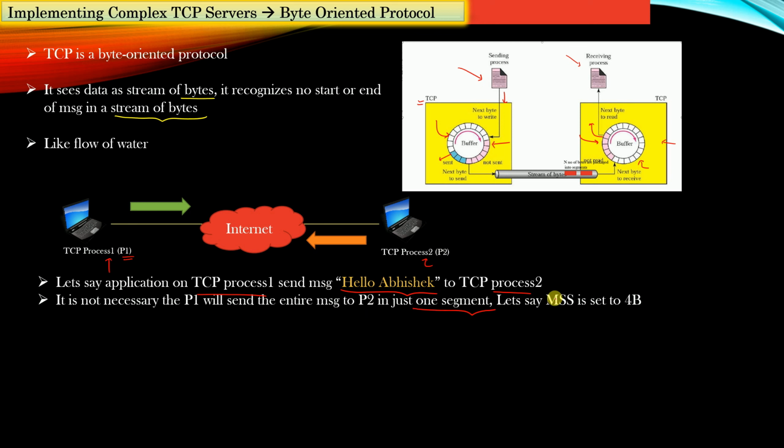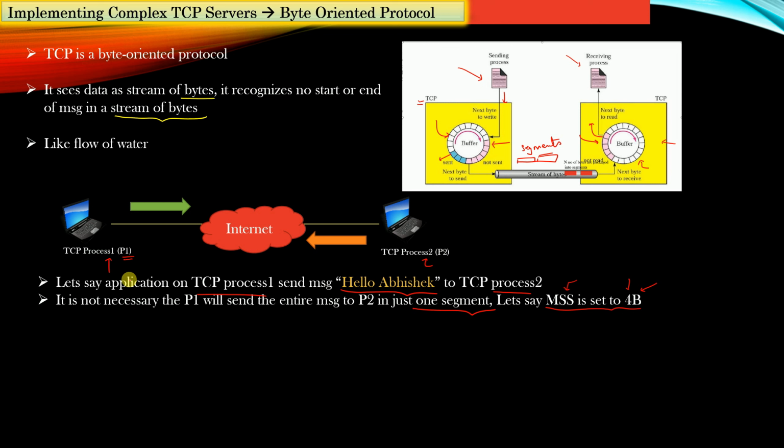Let us say that the maximum segment size of the TCP protocol is 4 bytes. We know that TCP exchanges data by packing it into packets called segments. So the maximum segment size, the maximum number of bytes a segment can contain, let's assume as 4 bytes. It is just a hypothetical example.